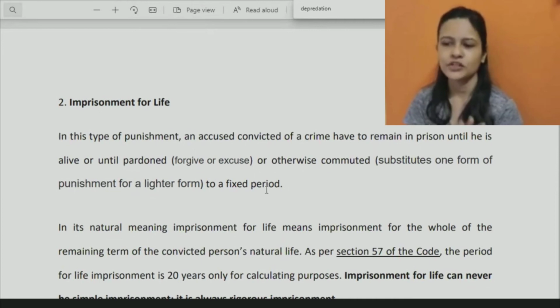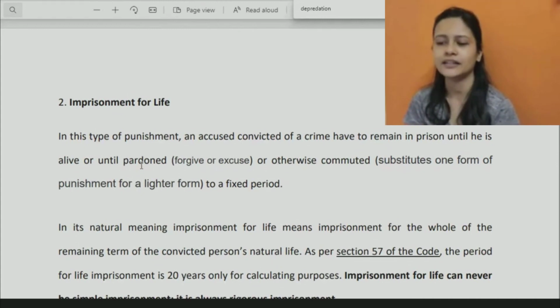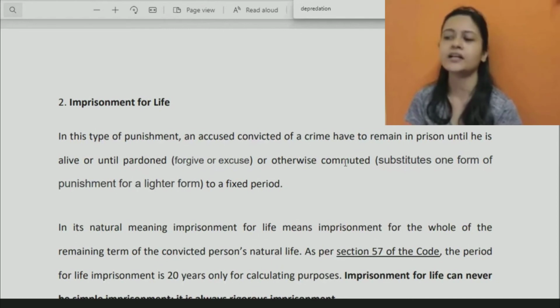Okay. So usually when we say imprisonment for life, it indicates that, yeah, it is for the rest of the life. But then the governor as well as the president under the constitution are given some powers, like mercy petition. On the ground of mercy, they can say that, okay, fine, no need to give the death penalty, some other punishment may be given, right? There are other things also, like pardon and commute.